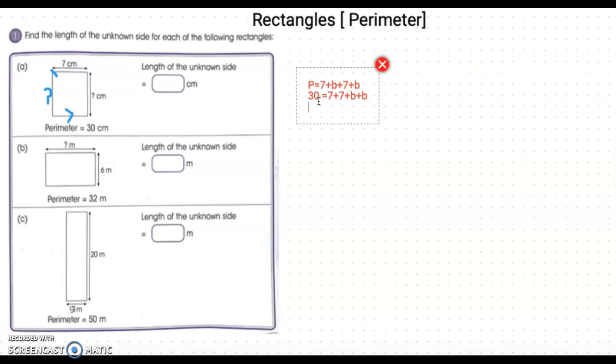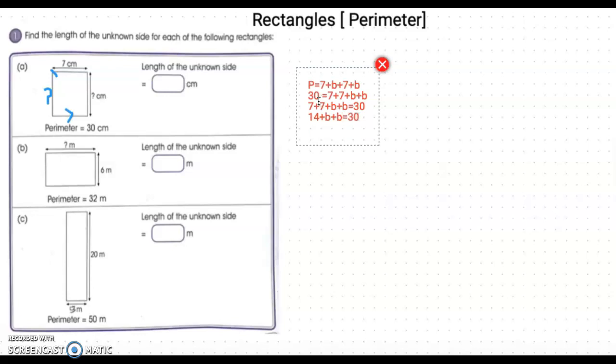Now I will bring the 30 to my left side, that means 7 plus 7 plus B plus B equal to 30. Now 7 plus 7 is 14, right? And then I will keep the B as it is. So 14 plus B plus B is equal to 30.